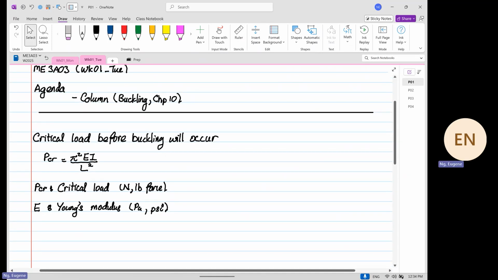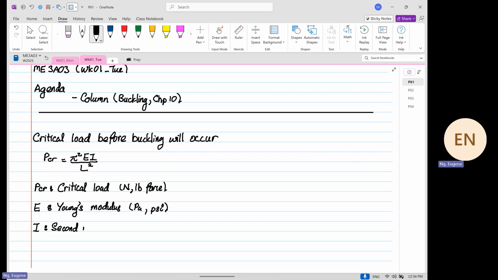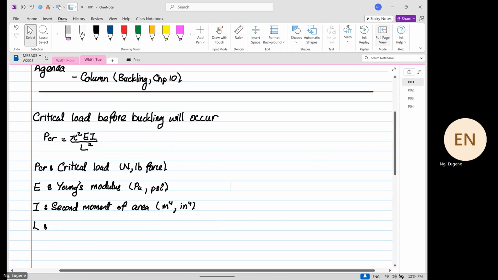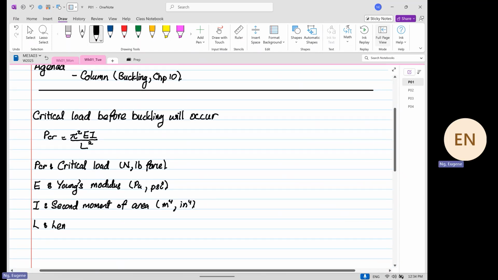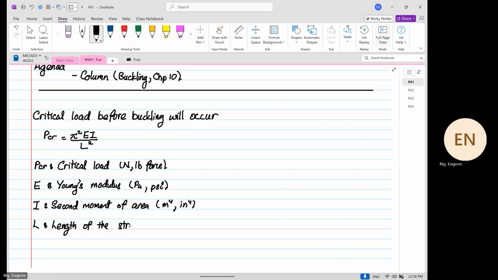And we have our I, which is equal to the second moment of area. Again, it can be in meters to the fourth or in inches to the fourth. And then we have the length, which is the length of the structure. So this is in meters and this is in inches, okay?